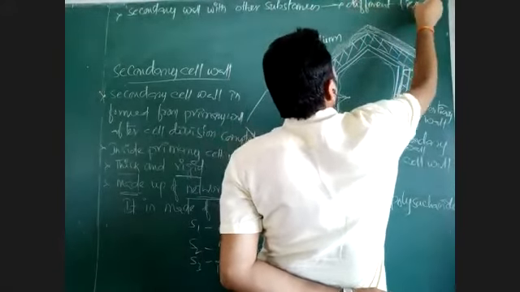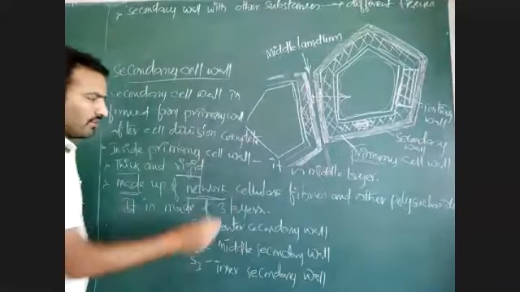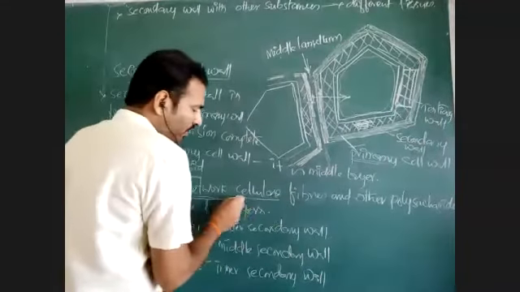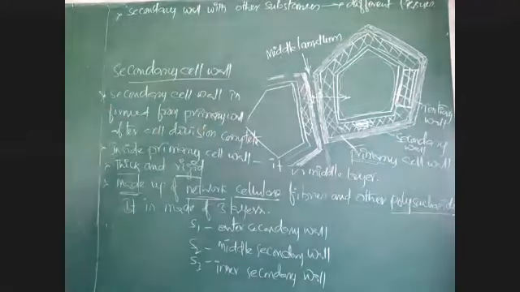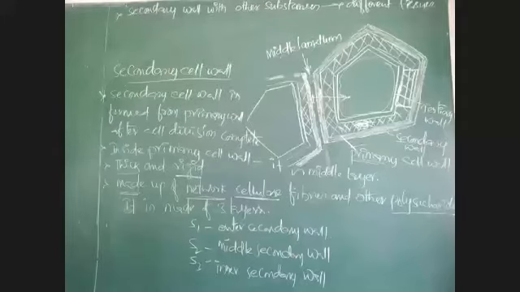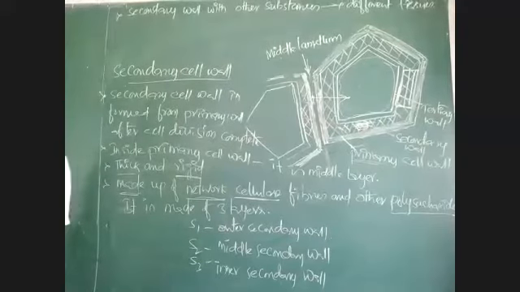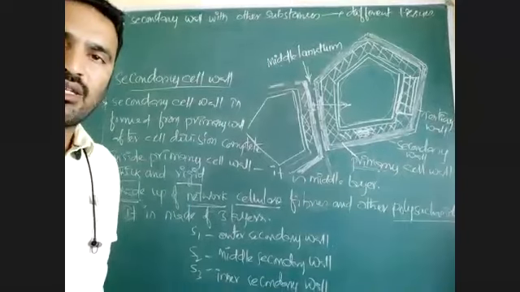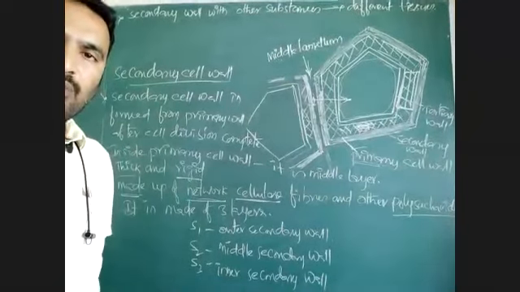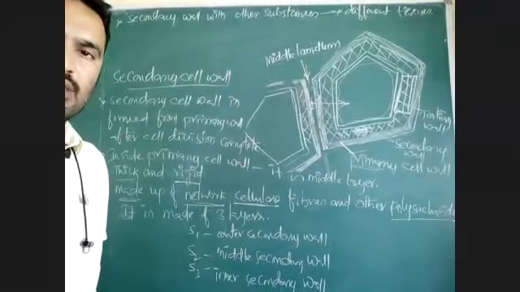Normally the secondary cell wall is made up of cellulose and other polysaccharides. But if some other chemical substances are present in the secondary cell wall, then it may develop into some other tissues or cells.